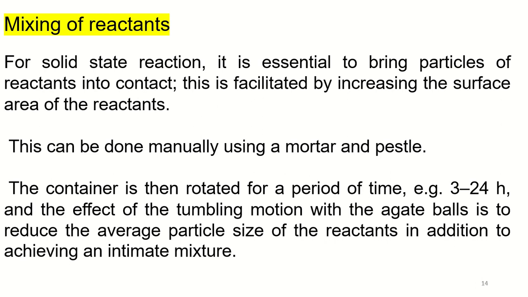The container is then rotated for a period of time, for example 3 to 24 hours, and the effect of the tumbling motion with the agate balls is to reduce the average particle size of the reactants in addition to achieving an intimate mixture. High energy milling is sometimes possible in planetary ball mills, which are rotated at very high speed.